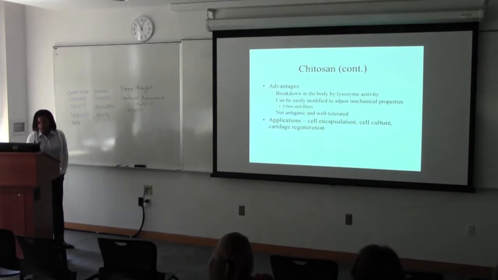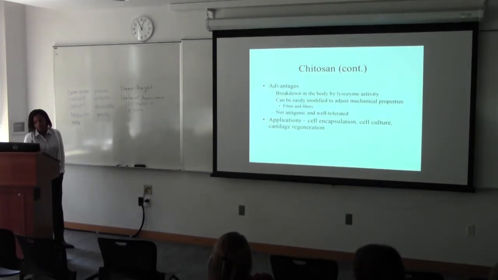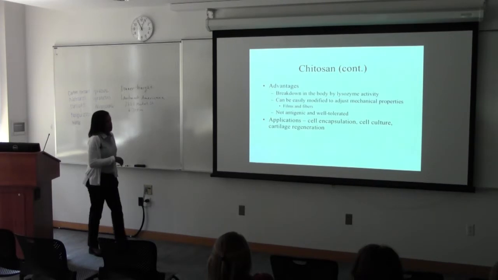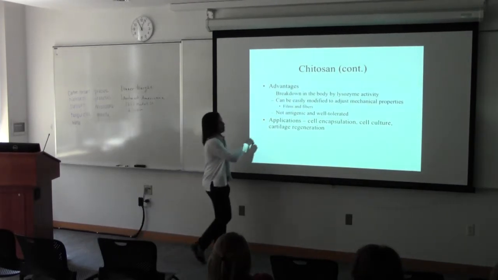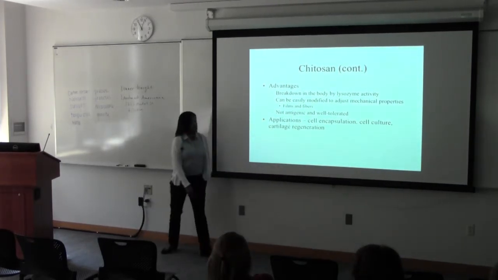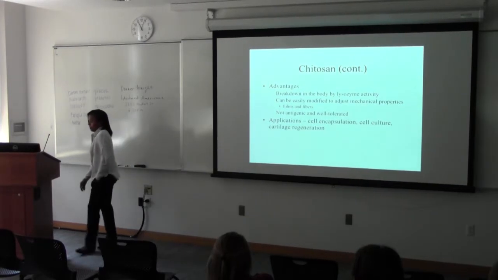And I'm just running through this a little bit. The beneficial thing about chitosan is that it is biodegradable, and lysozyme will actually break down the material. It can be modified, so you can cross-link and do different things to create solid structures, which is good.